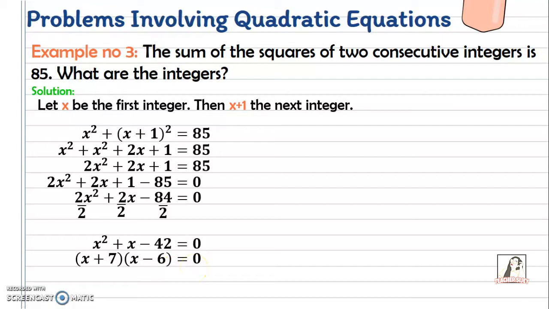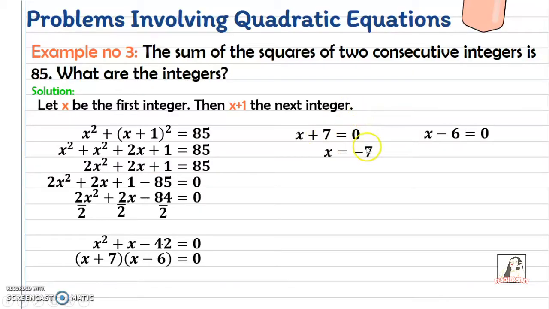After nyan, let's apply the zero product property na kung saan i-equate natin kada factor sa 0. So, we have x plus 7 equals 0, x minus 6 equals 0. So, let's solve for the linear equation. Let's transpose positive 7 sa kabilang side.